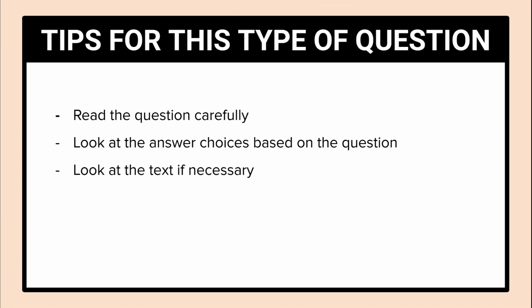Now, why I say if necessary is because sometimes you might not need to look through the text at all. If you can see the questions and only one of them answers the question specifically, then you probably have the right answer.